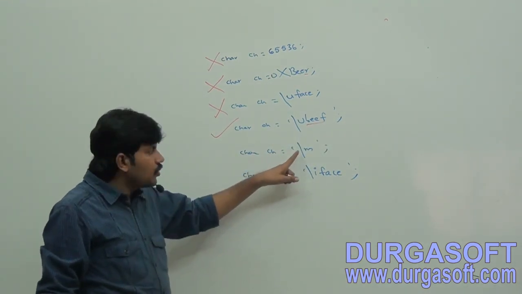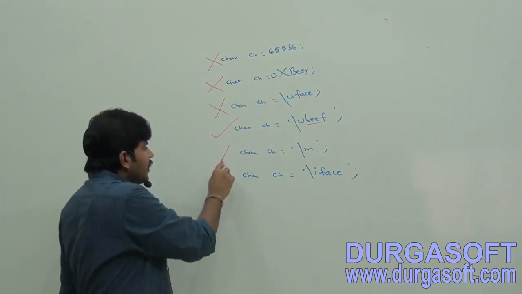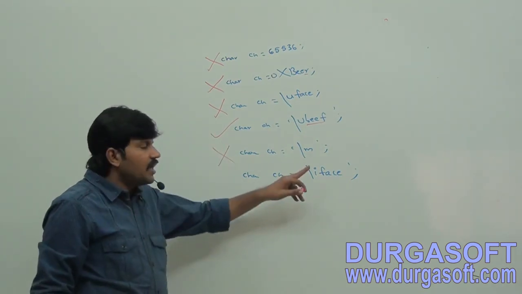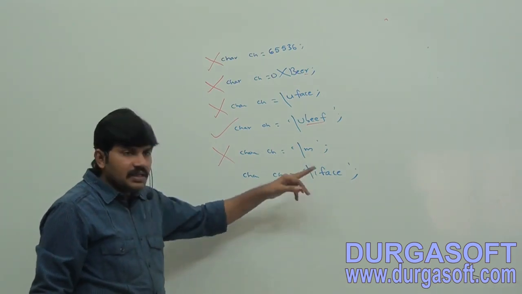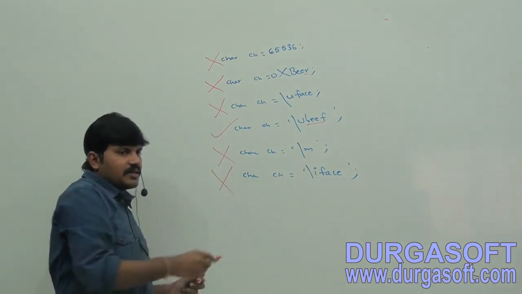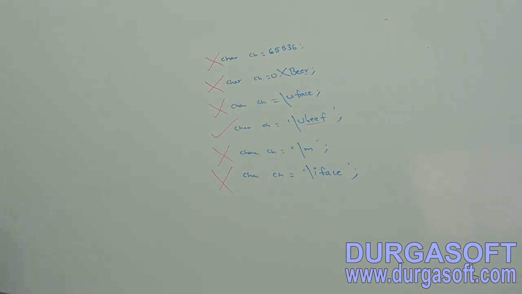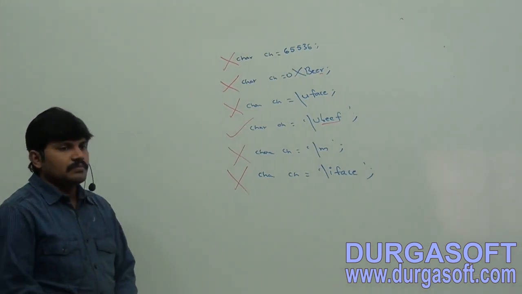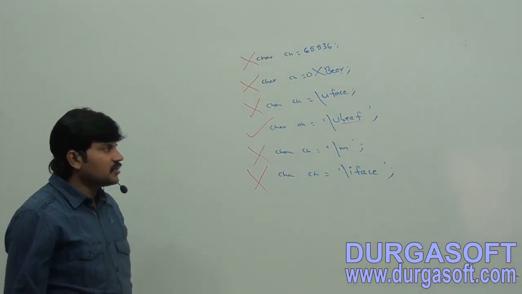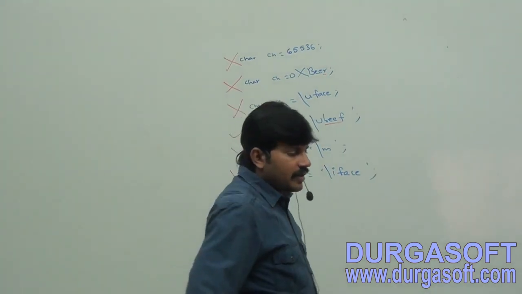Char ch = '\m', invalid, illegal escape character. '\uface' is valid, but '\iface' is invalid. That's all.